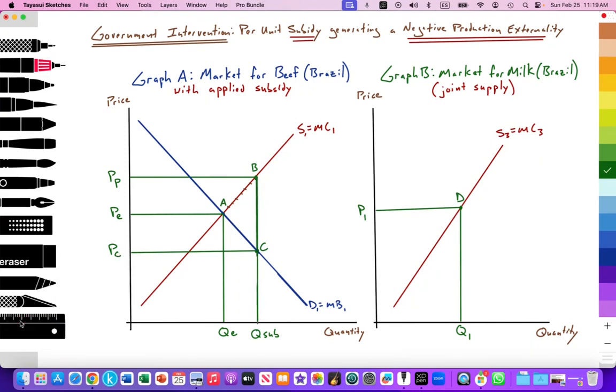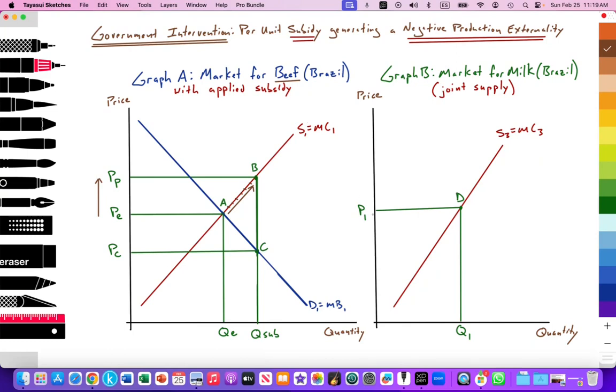There we go. Okay. So in terms of joint supply, here we see the price increasing. We see an increase in price received by producers with that government intervention, going from PE to P sub P, the price received by the producer. That leads to an increase in the quantity of supply from point A to B. As a result of farmers acquiring more beef, that enables them, in the period that they're feeding them, allowing them to graze, to also generate milk.